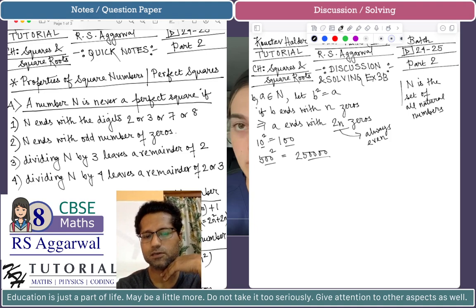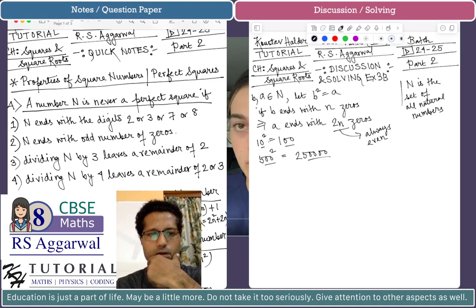Will it confirm that the number is not a perfect square? I don't know. Similarly, for point number 4, if you divide a number by 4 and it leaves a remainder, let's say 1, will it be a perfect square? I don't know. I will have to figure this out later on.